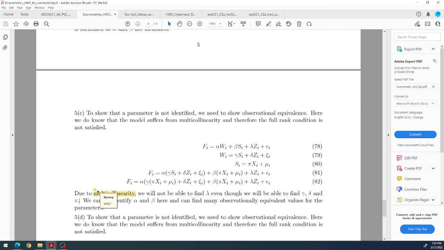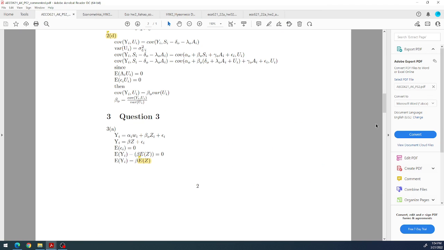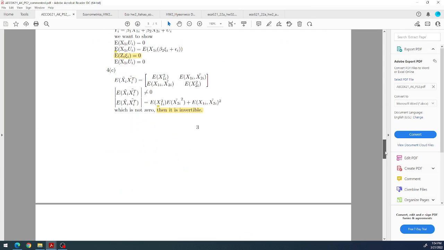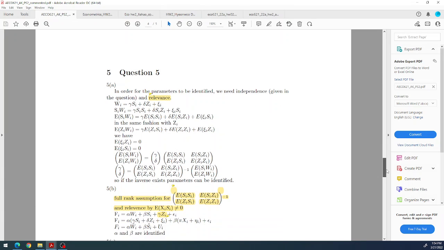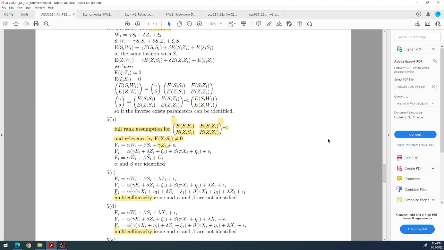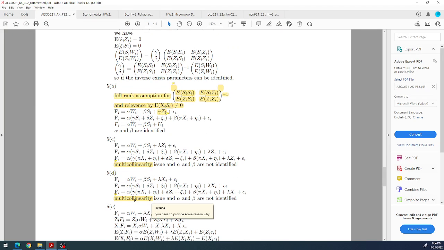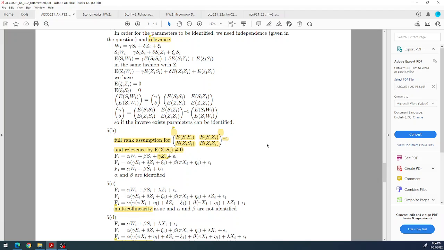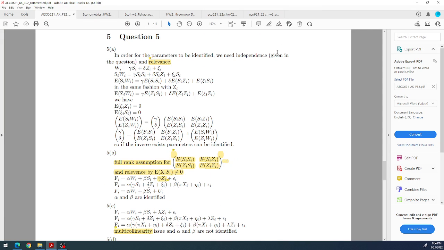But there is kind of a jump. I don't know how that shows multicollinearity. Similar, maybe here. So multicollinearity is not shown here. Another problem here is instrument is not used. It mentions relevance condition and independence condition. That means there must be an instrument, but it does not use the instrument at all.